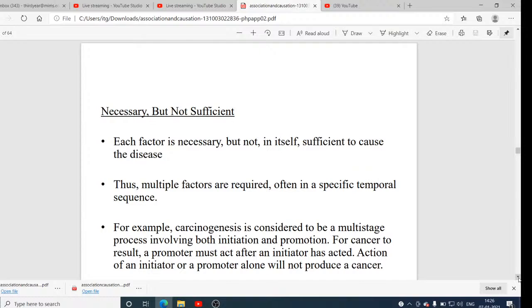If there are four factors leading to the same disease, the combined effect of the four factors may result in the disease always. For example, carcinogenesis is a multi-stage process involving both initiation and promotion, and an initiator or promoter alone will not be sufficient for causing the disease.